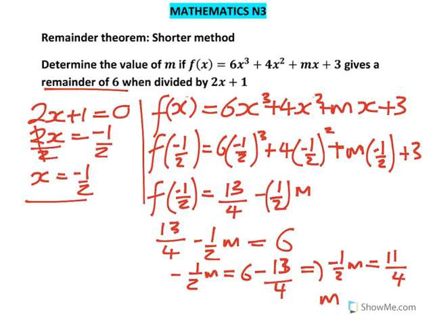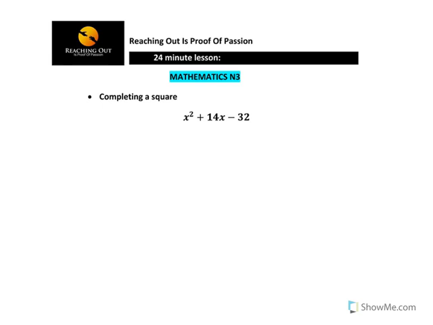If you now find it, using my calculator, m will be equal to negative 11 over 2 as the value of m. So that's how you solve it.